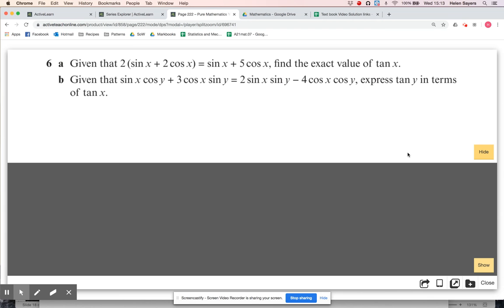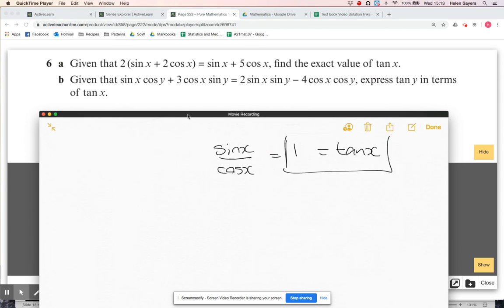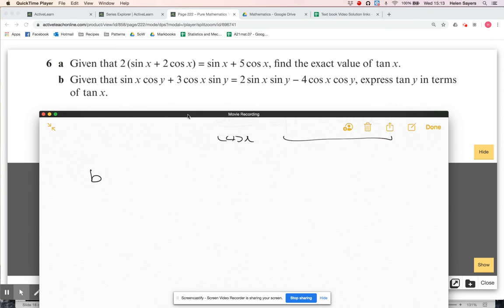Okay, and then 6b, it's a similar question, it just looks a little bit more complicated. So let's write it out. This time we've got trig ratios in terms of x and y. But my aim is still the same, basically to make tan x by doing sine x over cos x, and the same with the y.